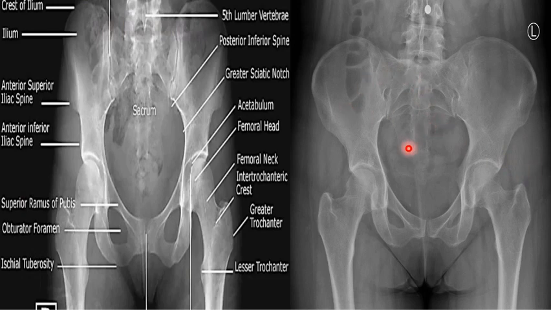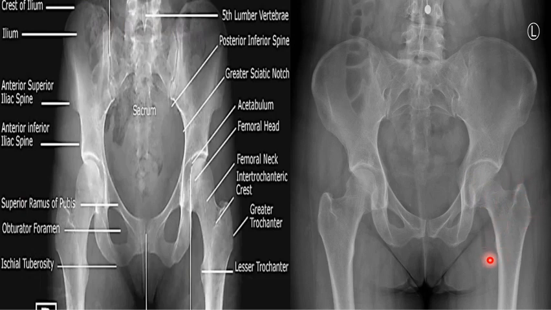So here you can very clearly see all the structures. This is the spine, where these are the lumbar vertebrae. This is the sacrum, the hip bone, the ilium part of it. This is the sacroiliac joint. This is the ischium. This is the pubis, acetabular cavity, head of the femur, neck of the femur, greater trochanter.